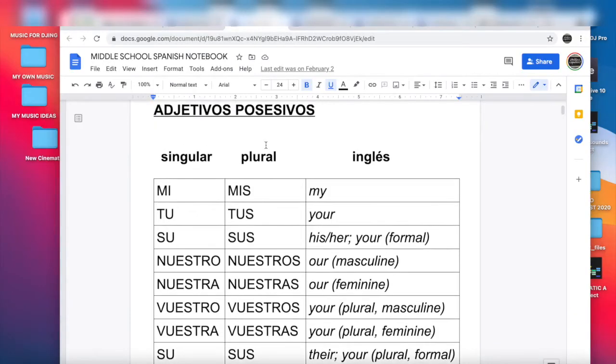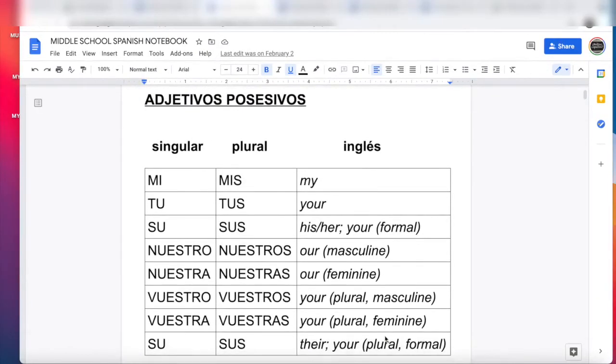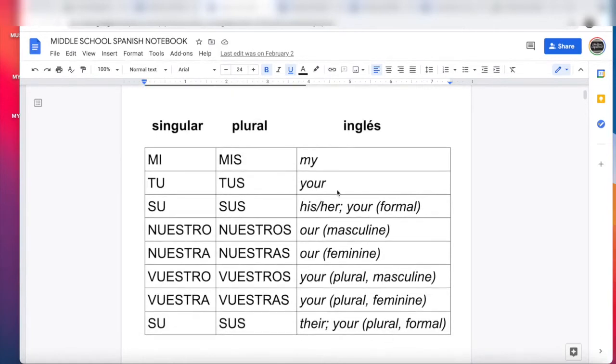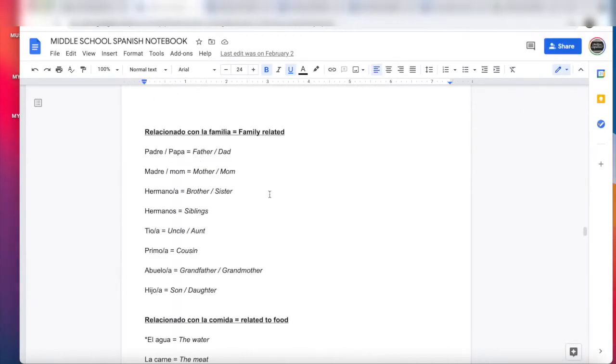All right, so here I am again, showing you the two documents that you should give your students, one with the possessive adjectives, also telling them the special feature of the Spanish language, which is the masculine and feminine. Okay, here possessive adjectives, and also here the vocabulary of the family.